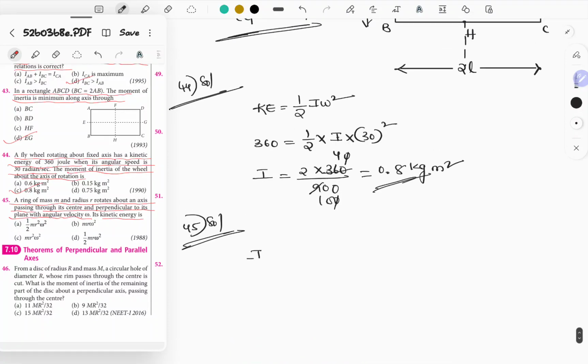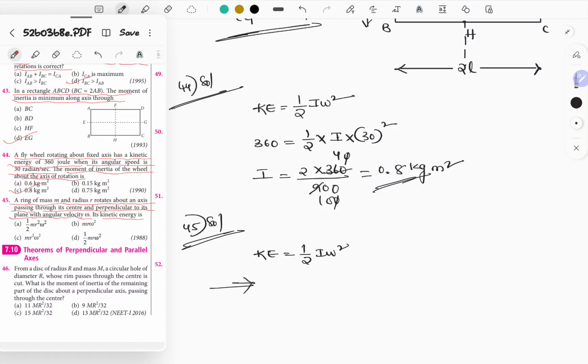First of all, tell me what is the kinetic energy of that body? Kinetic energy of a rotating body is equal to 1 by 2 I omega square. A ring of mass m and radius r rotates about an axis. In the sense, you have to consider only rotational kinetic energy, that is 1 by 2 I omega square.